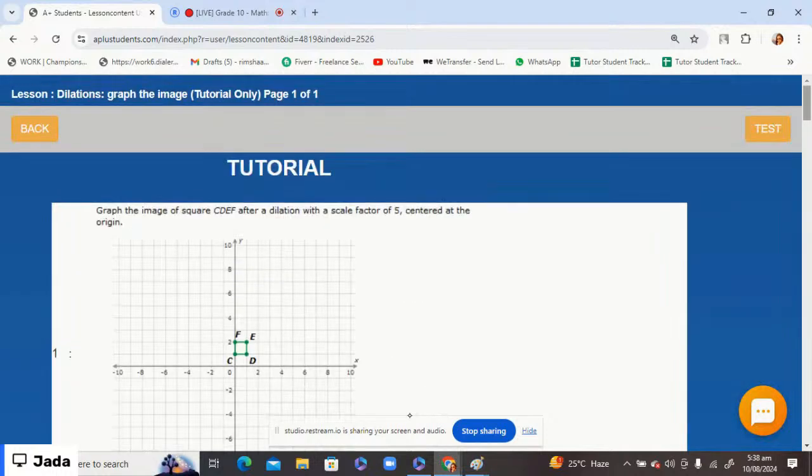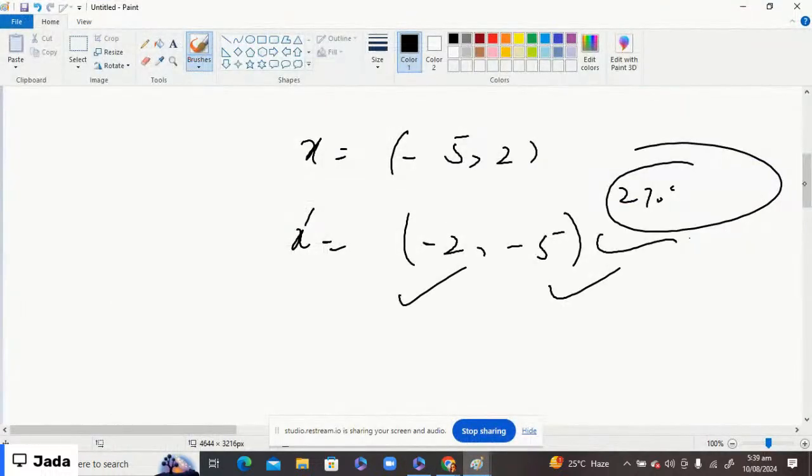Let me just open it. So what is dilation and graph the image? Let me just open this one. So I'm going to open an example question here, okay?